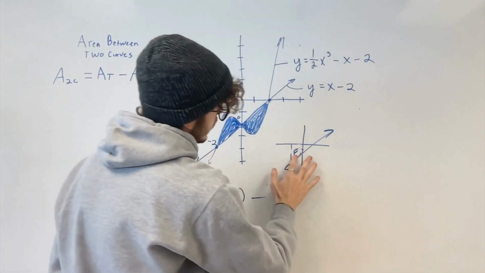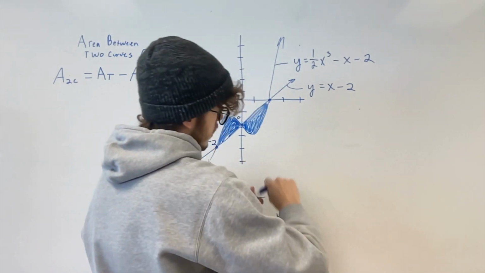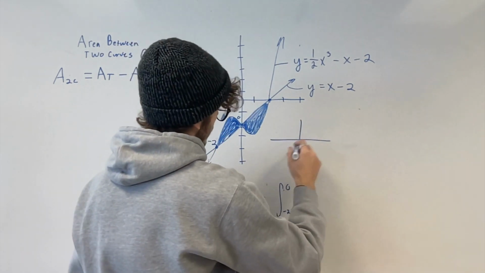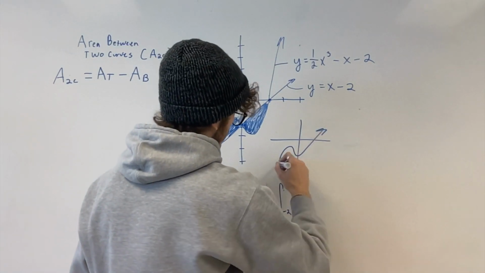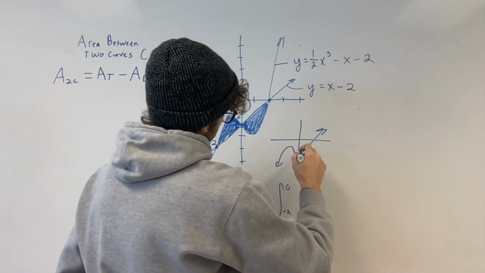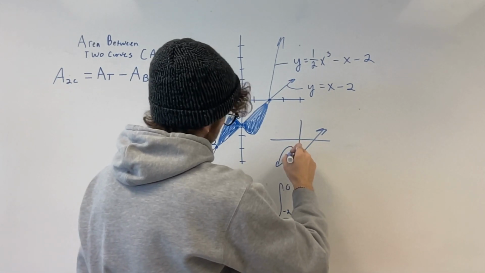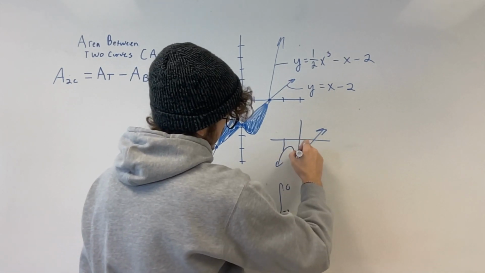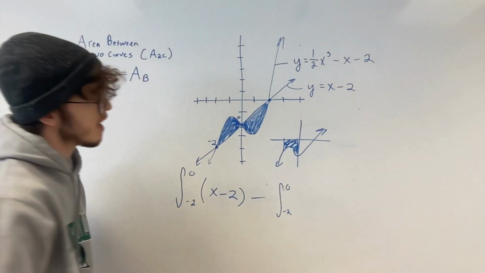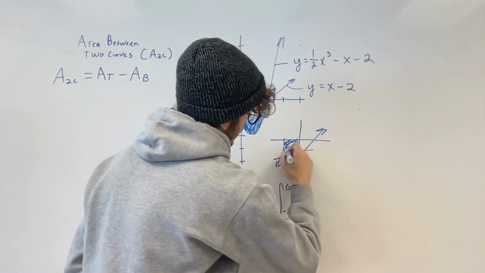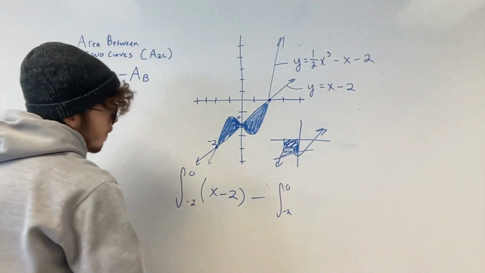Because the parabolic region is not seeing this here, it's seeing all of this area. So we just subtract it out, and we're left with just the part by the linear function. So hopefully that makes sense.